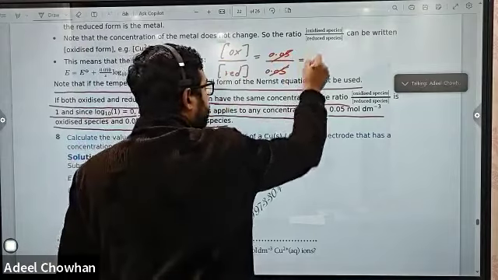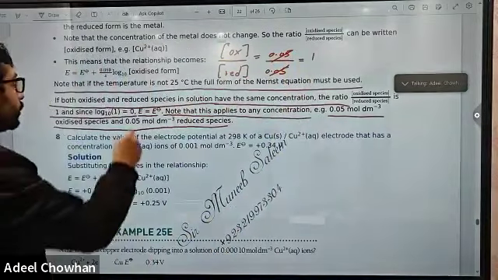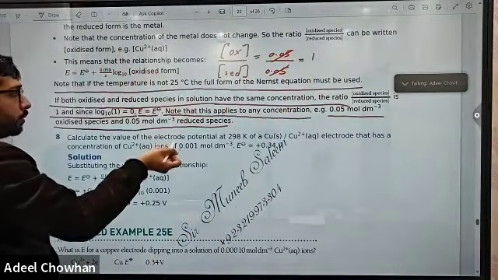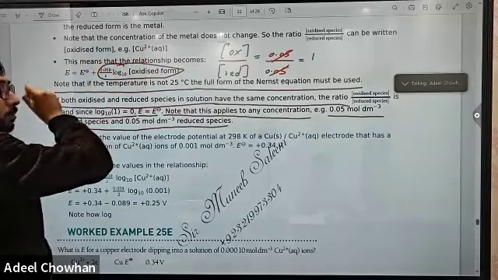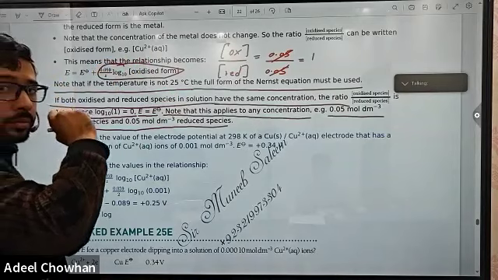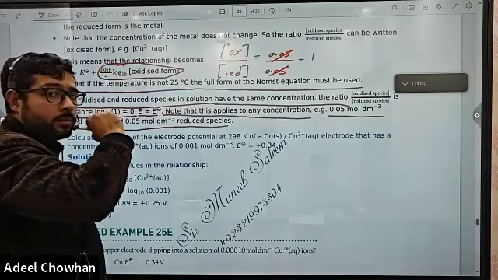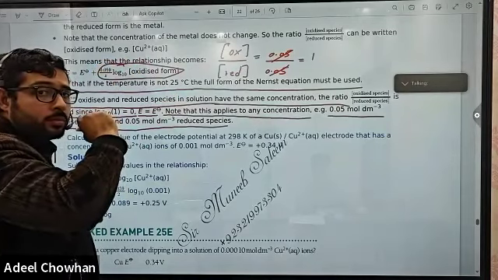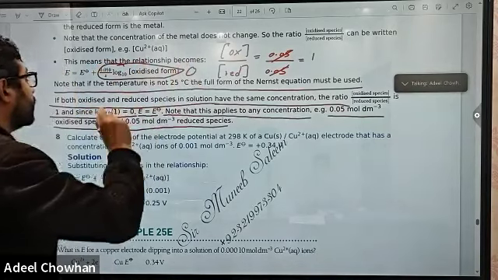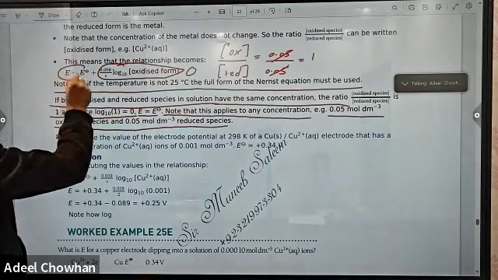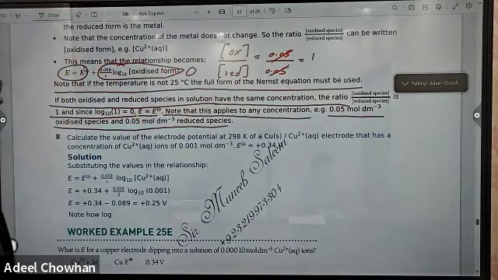You will get 1, and the log of 1 is equal to 0. So this whole expression becomes 0, which means we'll be left with only E is equal to E naught.